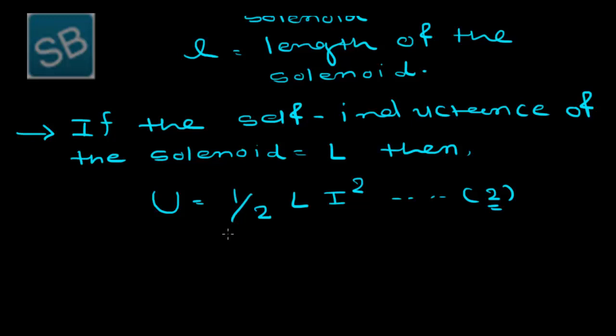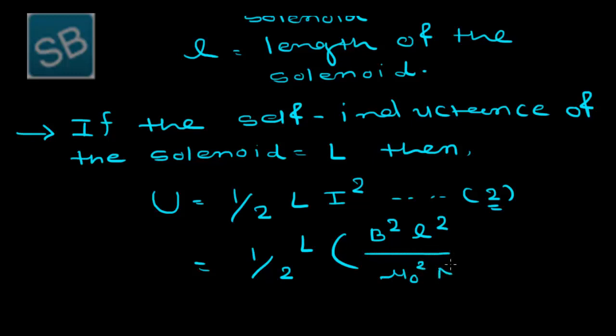So, substitute the value of equation number 1 into equation number 2. Therefore, U is equals to 1 by 2 L into, if we further reduce equation number 1 for I and squaring it, then we will get this value B square l square upon mu 0 square N square.